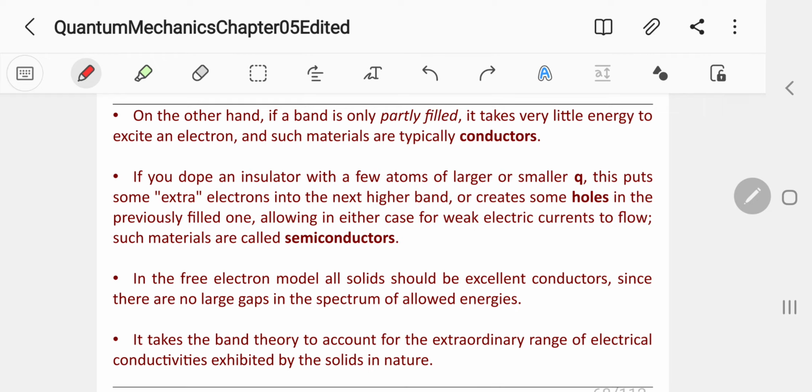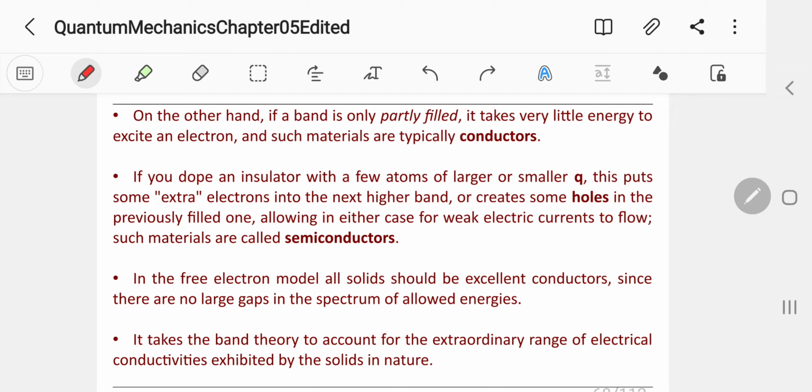And then you also have semiconductors, where the bands are doped with some atoms with significantly larger or smaller q, and that will eventually give out some electrons to other bands.